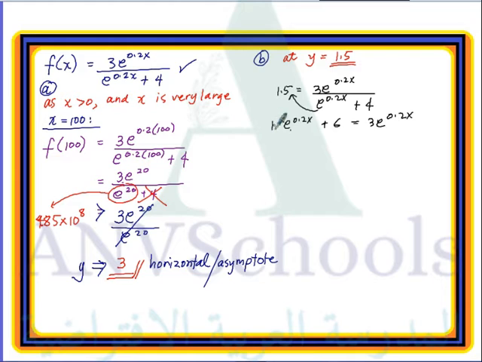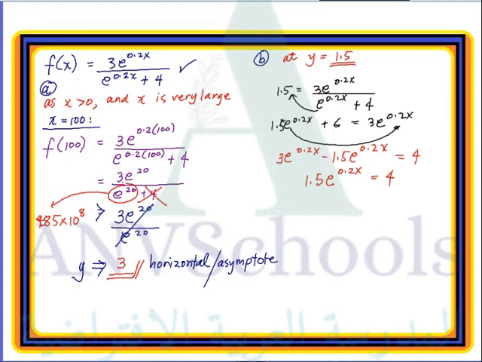So transposing this here and rearranging the terms, I have 3e^0.2x minus 1.5 e^0.2x will be equal to 6. And this will just give me 1.5 e^0.2x is equal to 6.